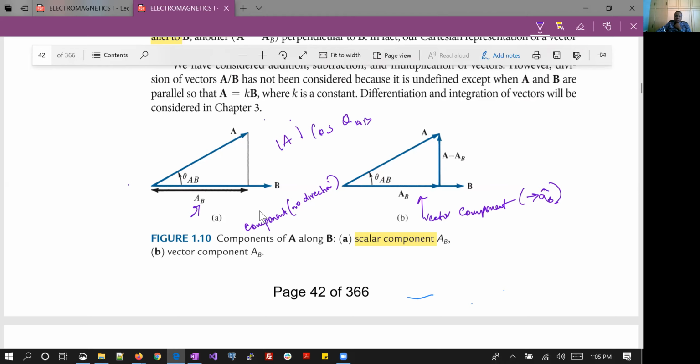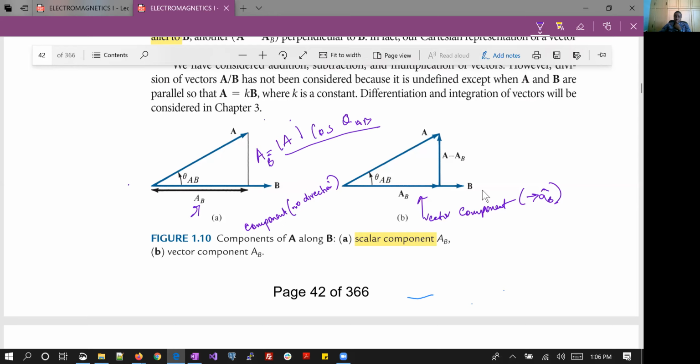Think about it the way we used to do hypotenuse versus the opposite and the adjacent. If you want to express the adjacent in terms of the hypotenuse, you'd simply say that that is a component of A along B. So the component of A along B is simply the magnitude of A, then along the direction of B, which is cos theta AB.